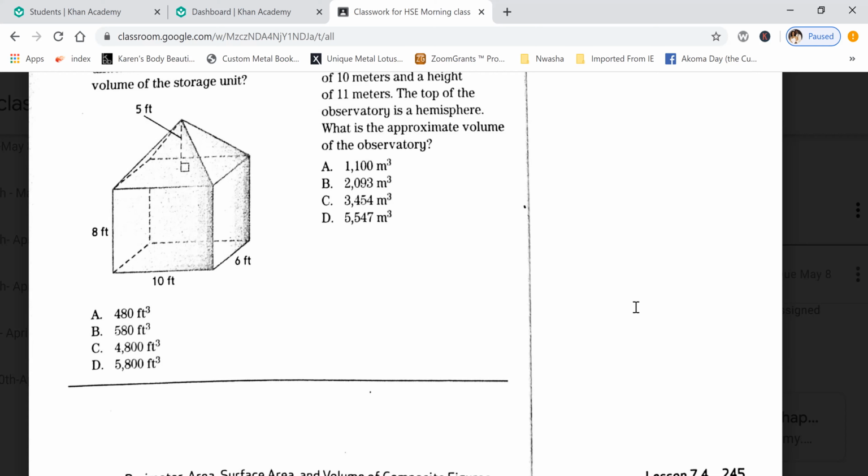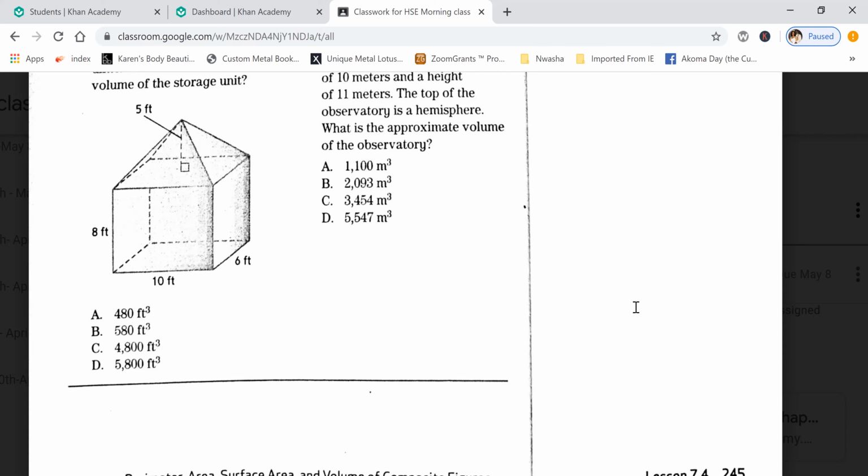But what's the difference? A is without the pyramid, right? A is just the 480 that we got. B is now the 480 with the 100, the 1/3 of 300, right? And then C and D, for some reason, are just into the thousands. So now you've got 4,800 and 5,800.